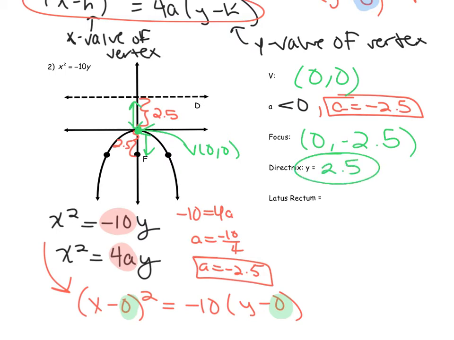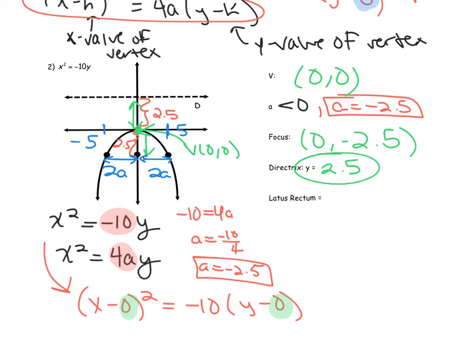If I asked you to find the endpoints of the latus rectum, remember, this distance from here to here is 2a, and the distance from here to here is 2a, from the midpoint of the focus to the endpoints of the parabola. We know twice 2.5 would be 5, and then this would be negative 5 because you're on the left-hand side.